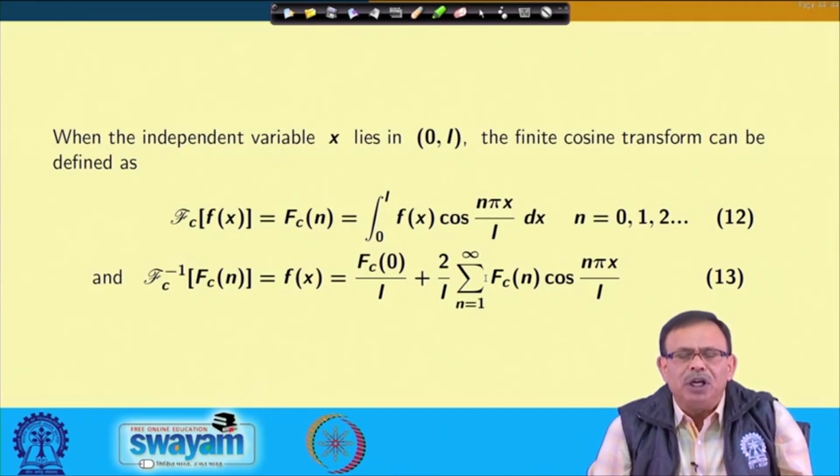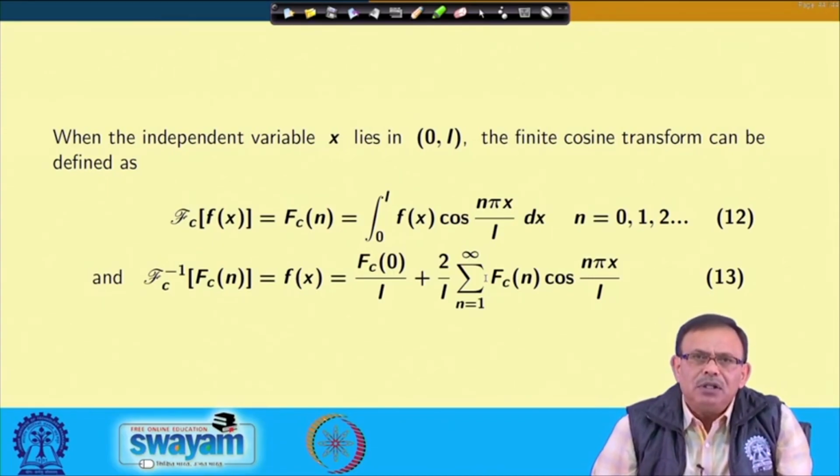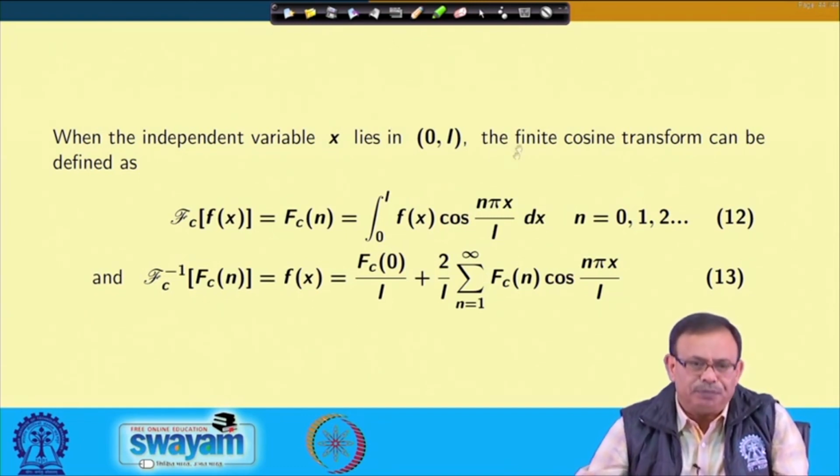So, in this way we are defining the finite sine transform and finite cosine transform.